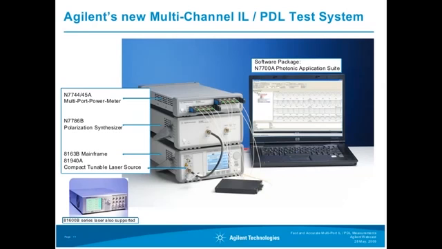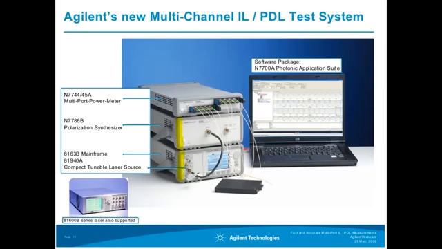Here we see one typical implementation of a system. On the top of this instrument pile, we see the MultiPort power meter with 8 fibers connected. The instrument in the middle is the polarization synthesizer, which switches quickly between the polarization states. And on the bottom, we see Agilent's compact tunable laser.